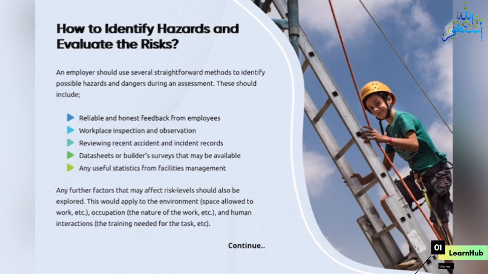Any further factors that may affect risk levels should also be explored. This would apply to the environment, space allowed to work, etc., occupation, the nature of the work, etc., and human interactions, the training needed for the task, etc.